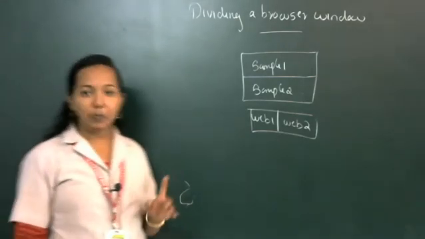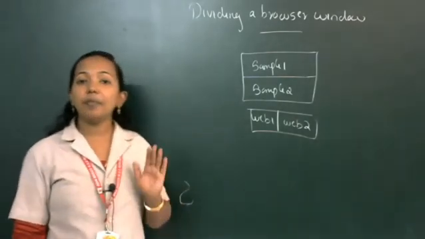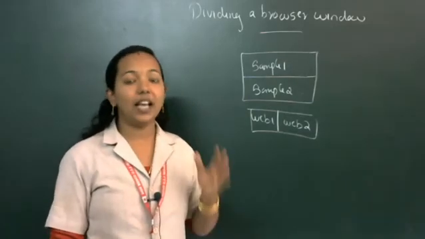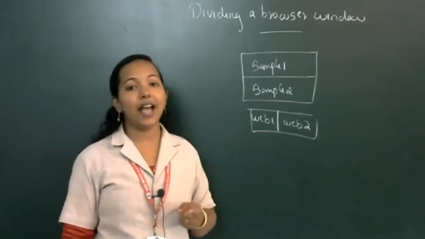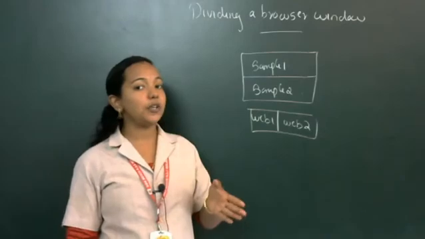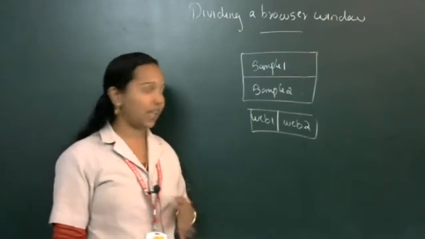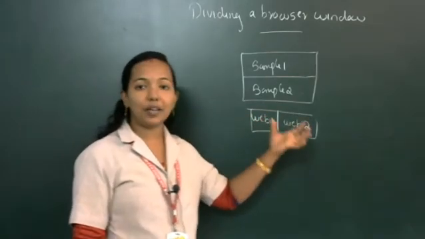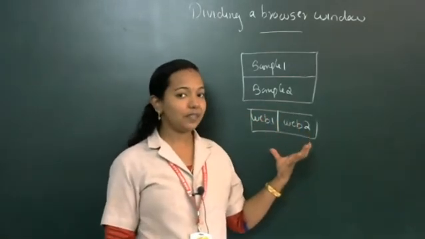So remember one point, that we can divide a browser window into different categories or different sections with the help of the frameset and frame tags. First you divide the browser window into different sections. After that you can include each web page in those particular frames. Clear?